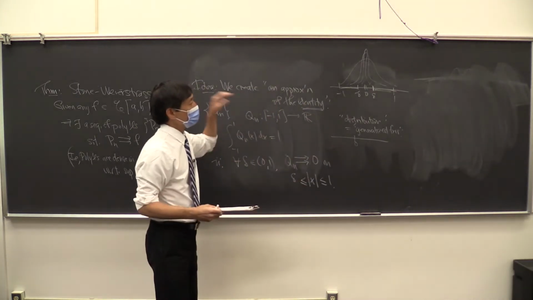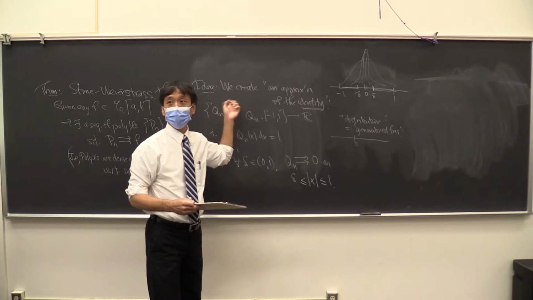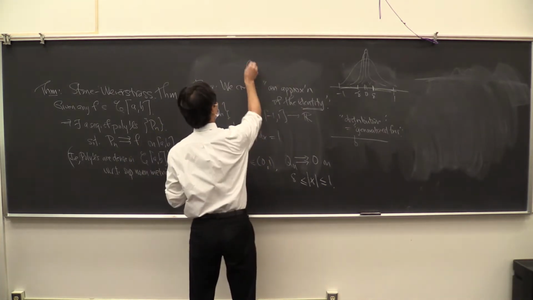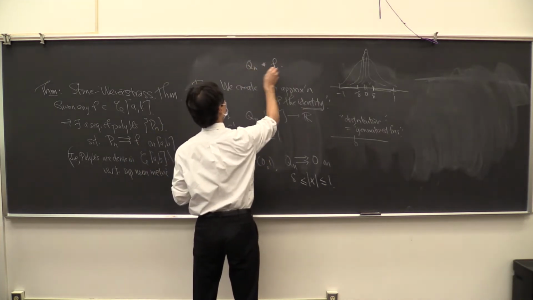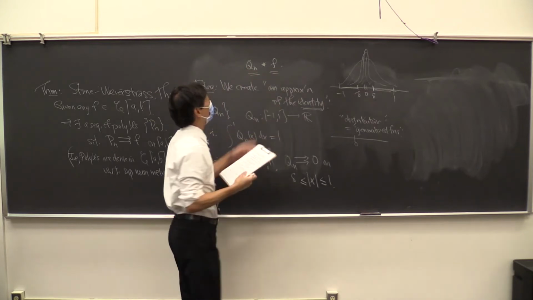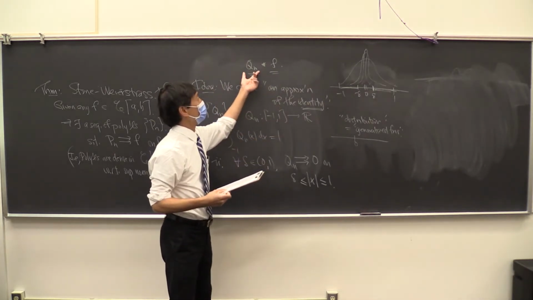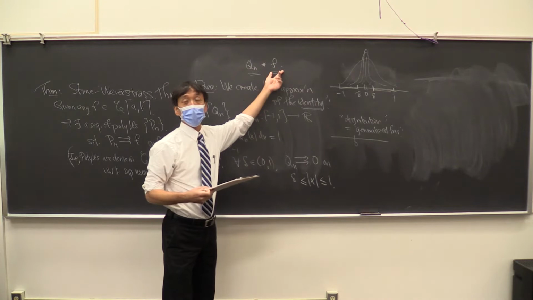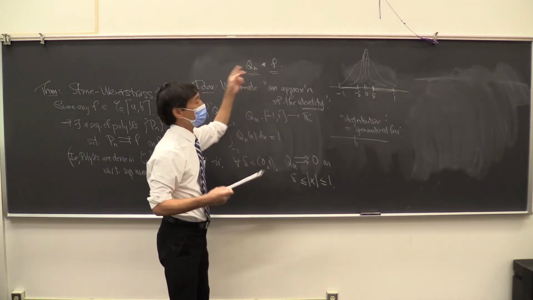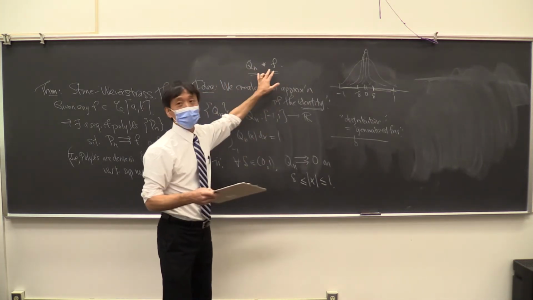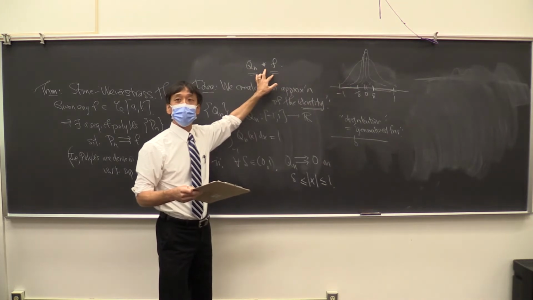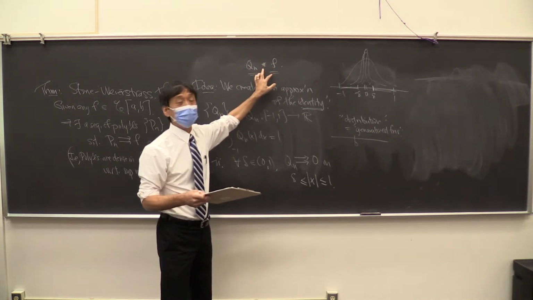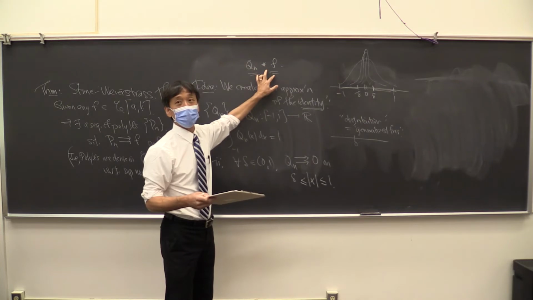It's because we're going to be doing a certain operation called convolution. We'll be convolving these approximations with the function. You want to think of this as a sort of multiplication of functions. It's really an averaging of functions, but you want to think of it as sort of like a multiplication.